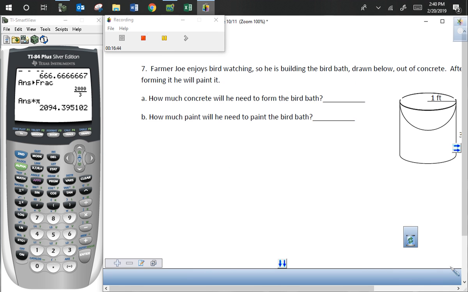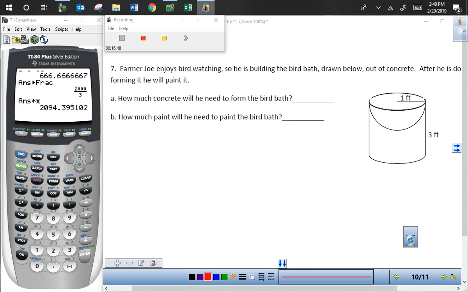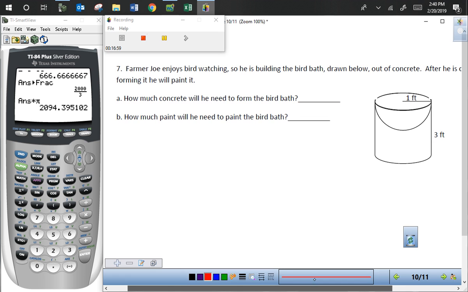Now let's do some word problems here. Combine some of this stuff together. It says, Farmer Joe enjoys bird watching, so he is building a bird bath that's drawn below out of concrete. So this whole thing is built out of concrete. After he is done forming it, he will paint it. Our first question is to decide how much concrete will he need to form the bird bath.